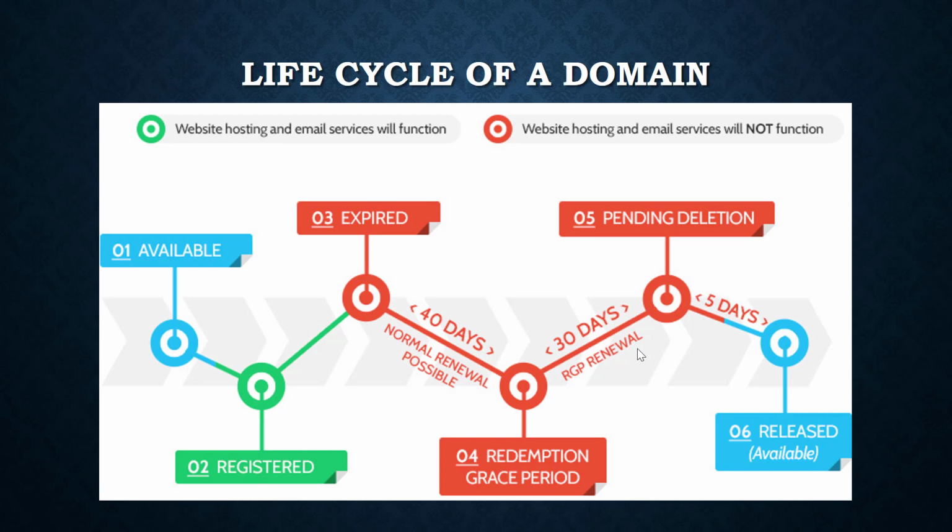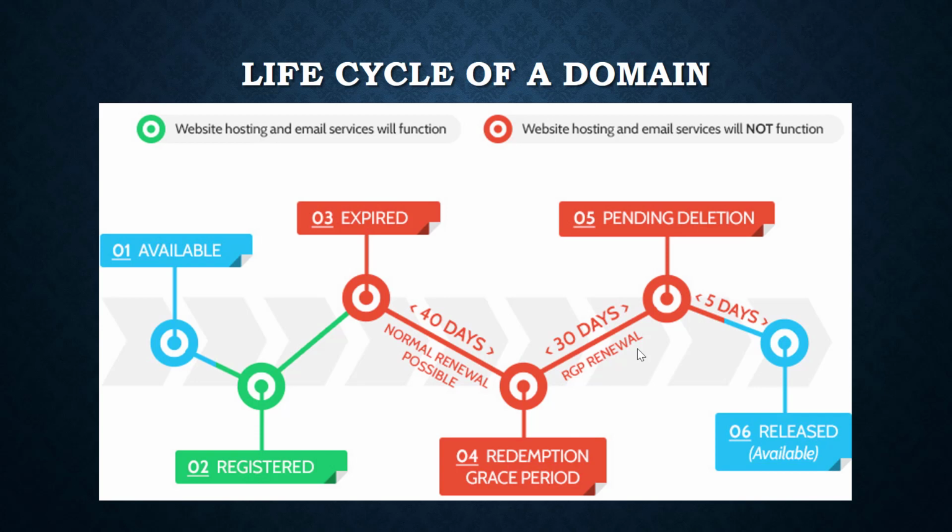This period is usually 5 to 7 days, and if you don't act within these 5 to 7 days, it will be released by the registry, and whoever goes first will be able to get it. The moment it is deleted, anyone will be able to acquire it. So this is the life cycle of a domain.